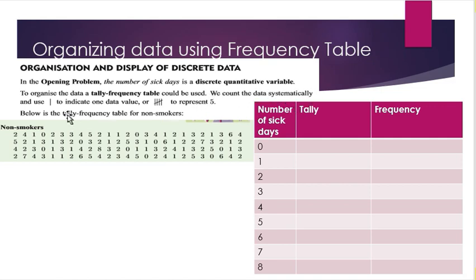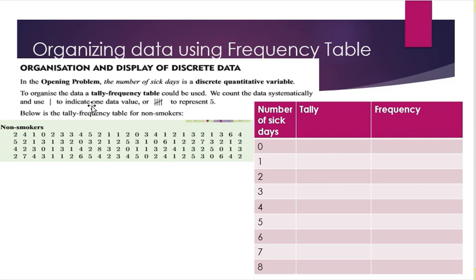We can count the data systematically and use a short vertical line to indicate one data value, and then a slash across four lines to represent 5. I think you have experienced this before, so we will be doing some tally. Let us start. All the data we have are closely related.